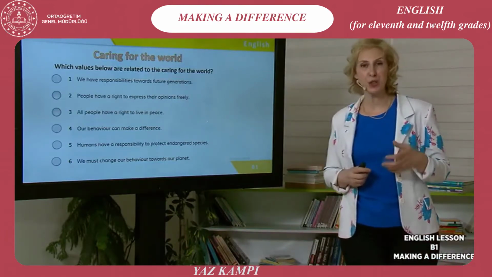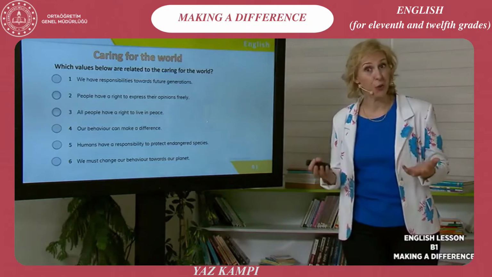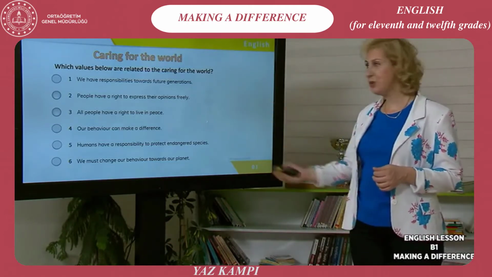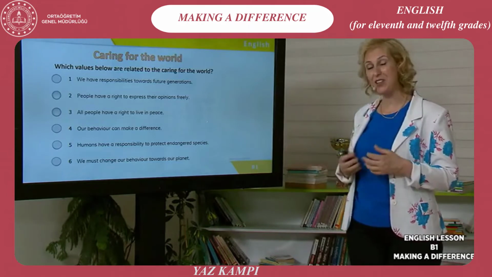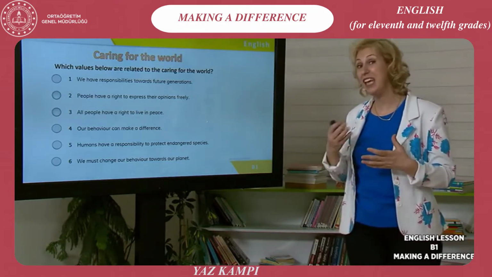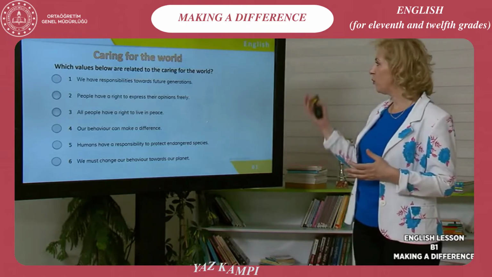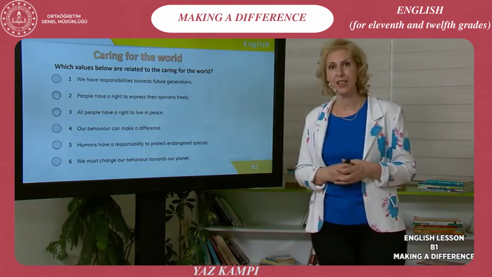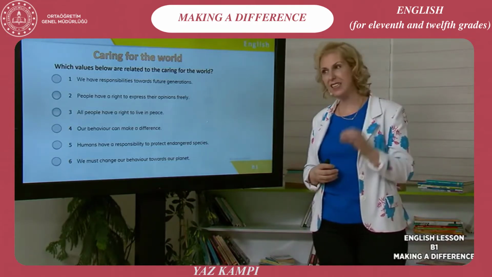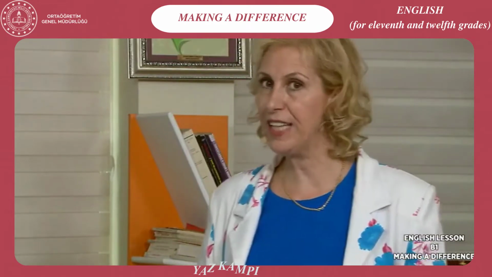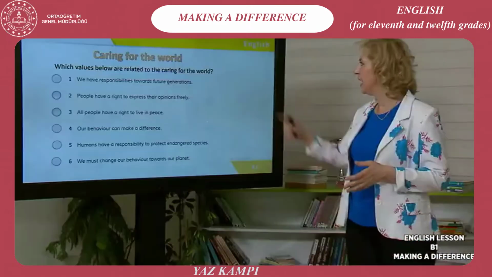Now, let's go on with the values. What do we do to care for the world? We have some values here. Let's read and try to find which of them are related to caring for the world. We have responsibilities towards future generations. Do you think that this is related to caring for the world? If yes, please put a tick.